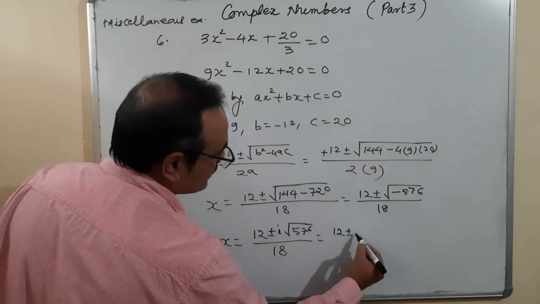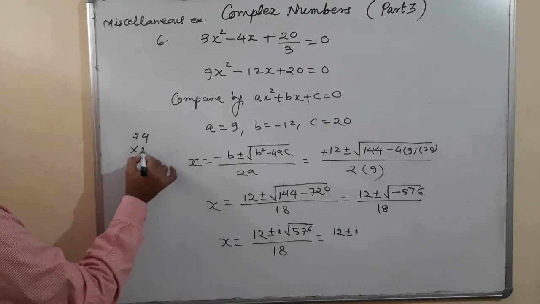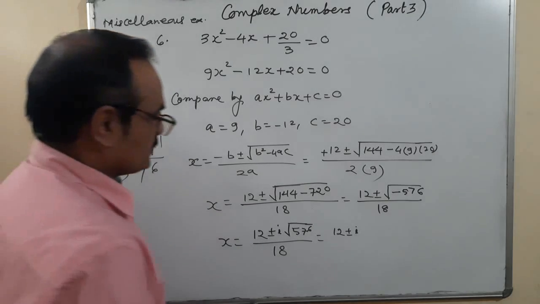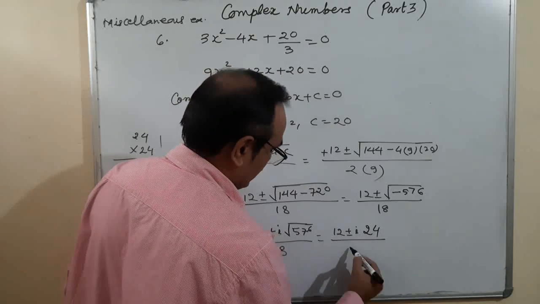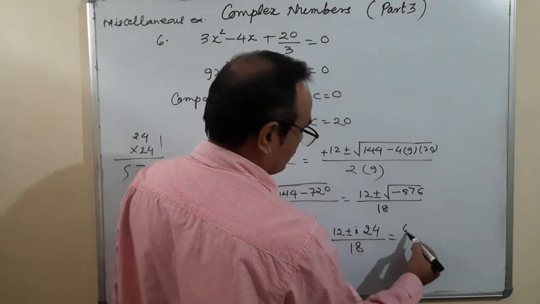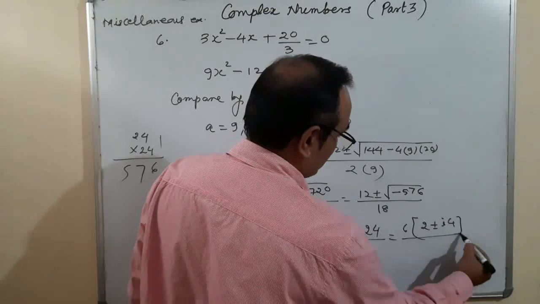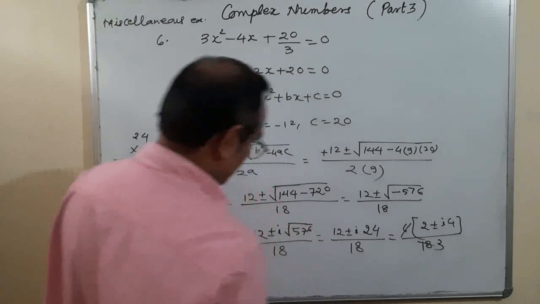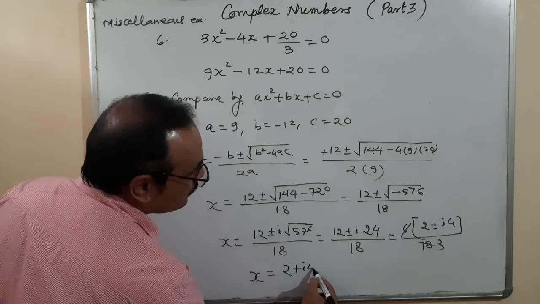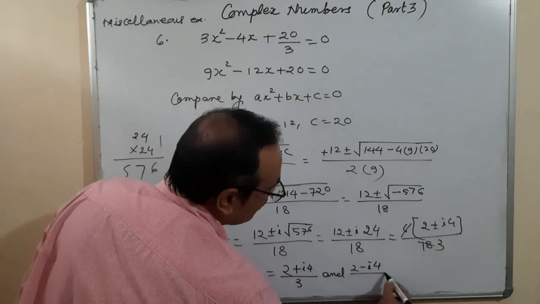The square root of 576 is 24. So 12 plus minus i 24 upon 18. Taking 6 common, x is equal to 2 plus i 4 upon 3 and 2 minus i 4 upon 3.